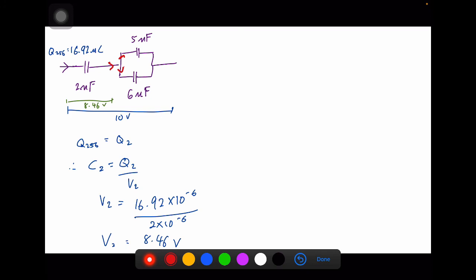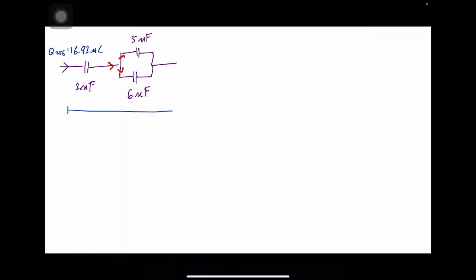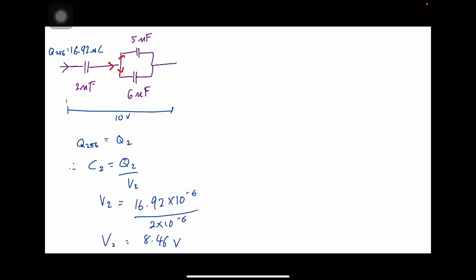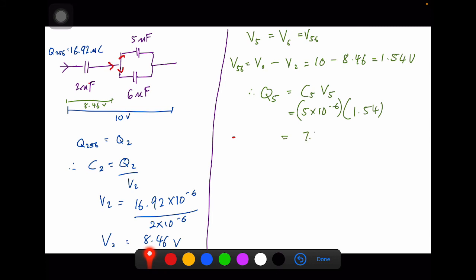Because you already found the charge here, you have Q and C, and now you can find the V. Once I found the V, I can minus 10 minus 8.46. I can straight away get whatever that is over here. Okay, my bad. I always get confused between using my hand and my pen.